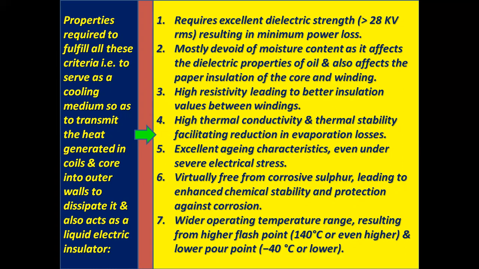Number 6, virtually free from corrosive sulfur, leading to enhanced chemical stability and protection against corrosion. Number 7, wider operating temperature range resulting from higher flash point, that is 140 degrees centigrade or even higher, and lower pour point, that is minus 40 degrees centigrade or lower.